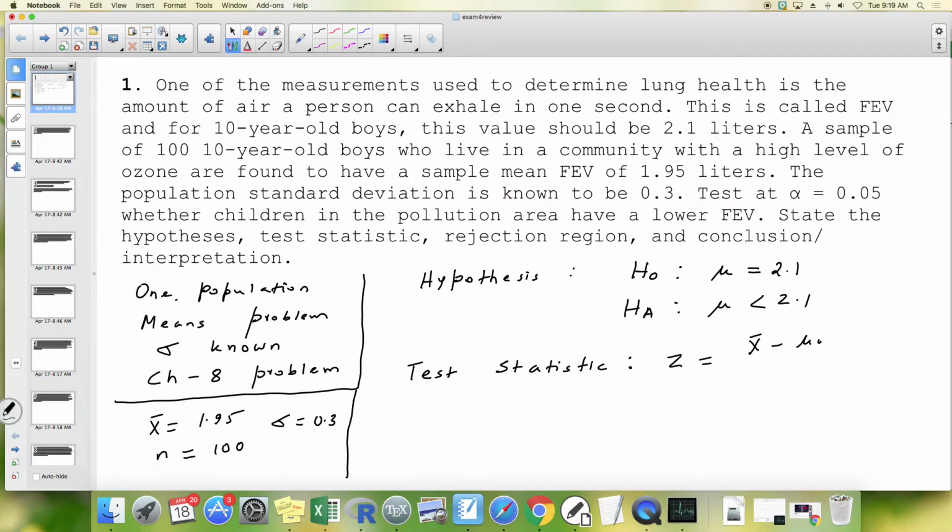I shall call it x bar minus mu naught divided by sigma by square root of n. All right. Let's calculate this one.